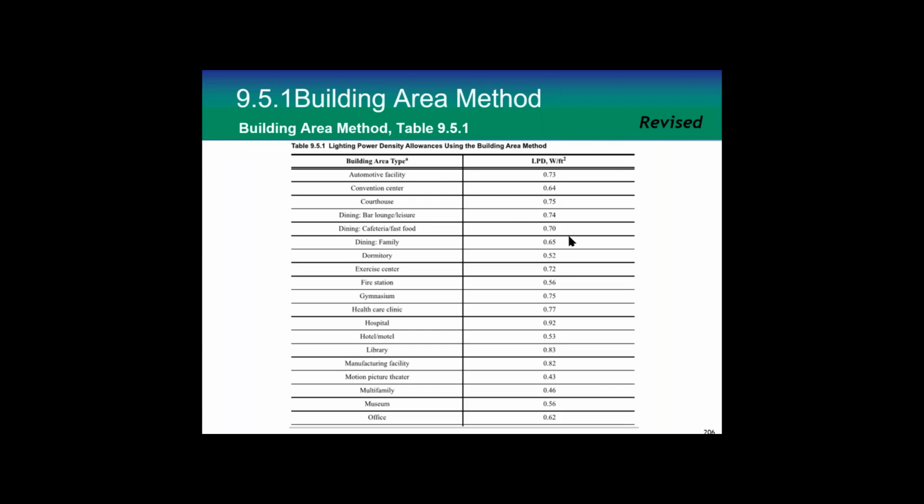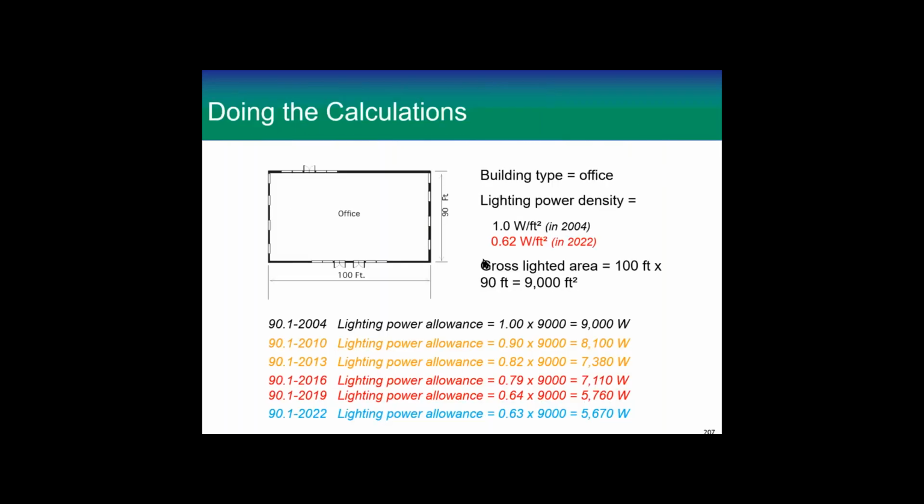There are many kinds of spaces listed, and each one has just one number. You take the area. So this one is 100 square feet by 90 square feet, a 9,000 square foot little office.